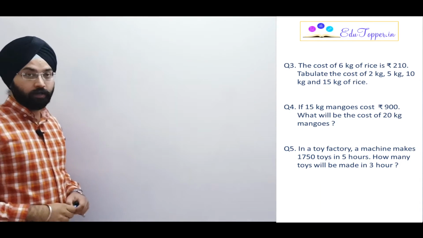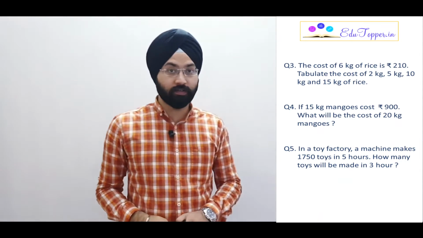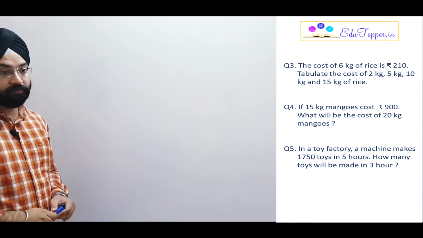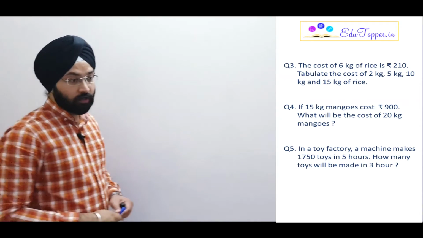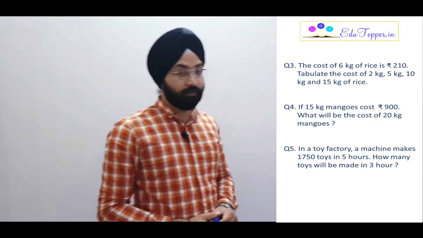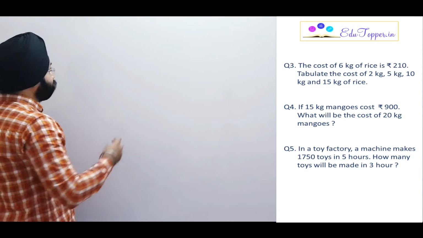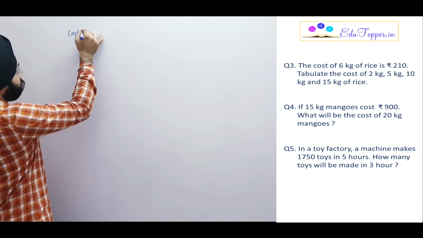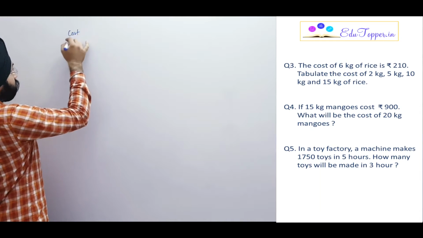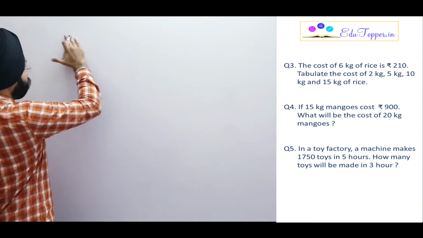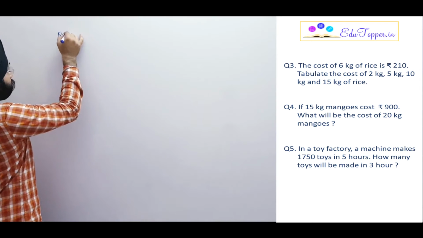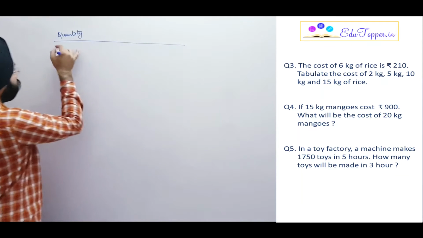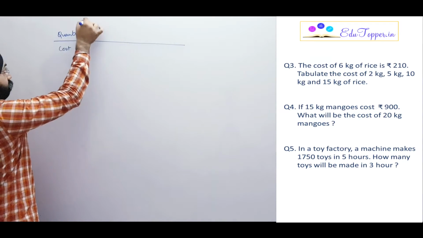See, you can see the question on your screen. The cost of 6 kg of rice is 210 rupees. Tabulate the cost of 2 kg, 5 kg, 10 kg and 15 kgs of rice, right? Cost and quantity. Okay, we'll write quantity first, then we'll write cost.